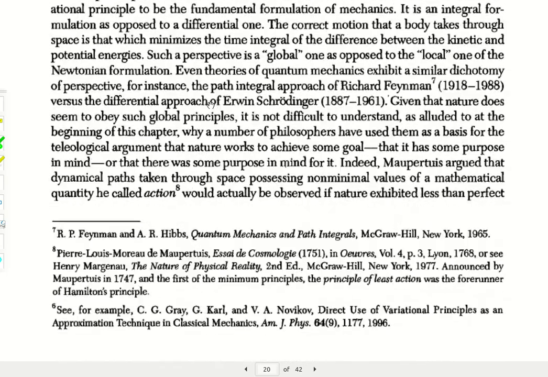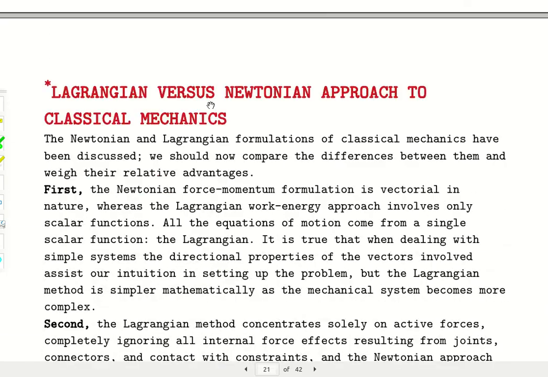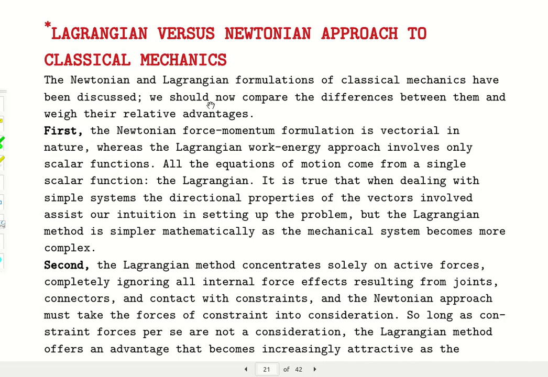But there is a very interesting thing. What are the benefits or demerits of Lagrangian mechanics compared to Newtonian mechanics? It is a very good comparative study, and if I tell you in one line, there are some salient features.